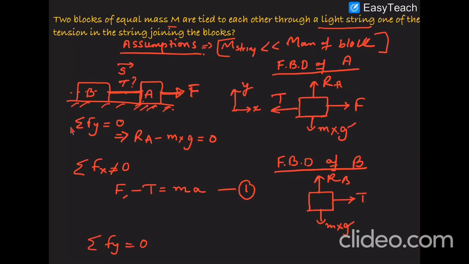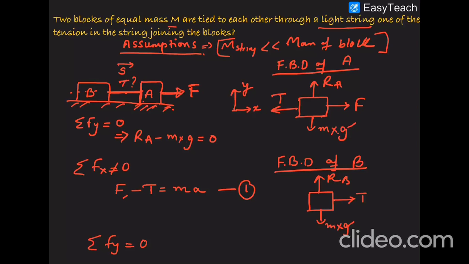So the summation of forces in the y direction will be 0, and what we get is Ra minus m into g equal to 0. But you have to appreciate that the net force in the x direction is not 0, because you are pulling with a force and this system is moving with some acceleration.